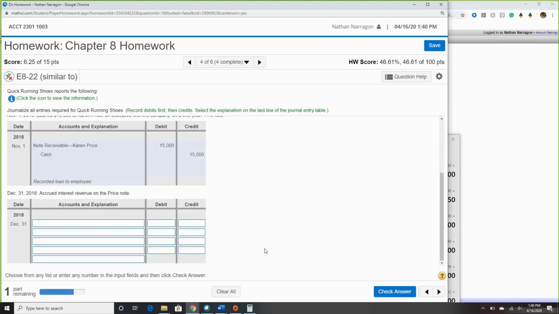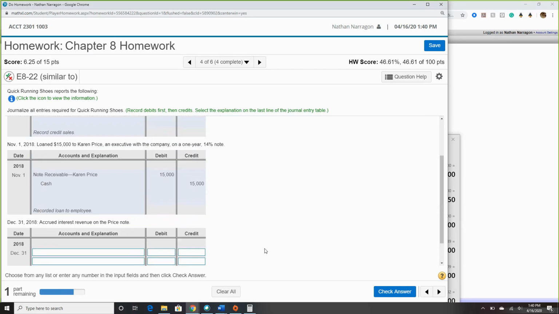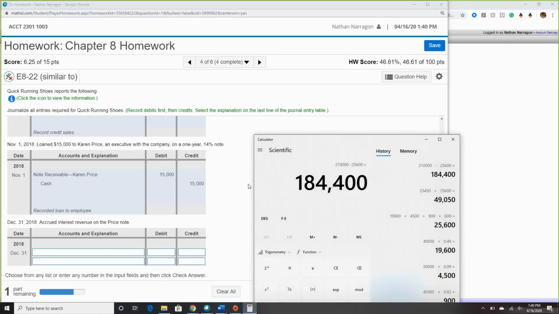Now, here's our interest. We need to calculate interest again. So, what's the formula for interest? Okay. Alright. So, calculate interest. You have to take the principal of the note, which happens to be 1,500 for me.